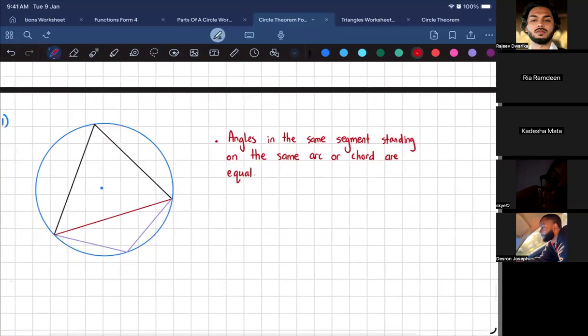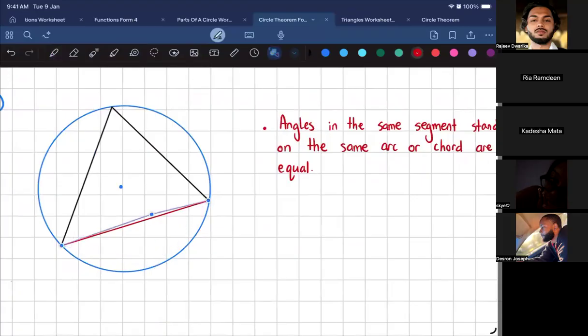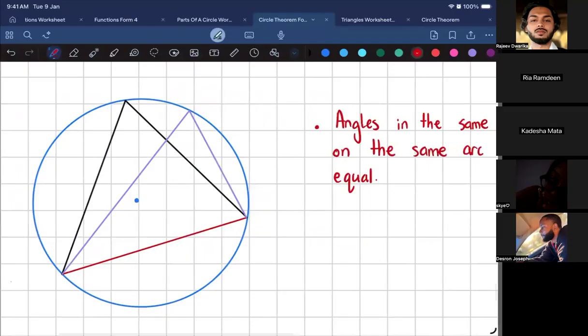All right. So this works, right? If you have a situation like this, then this angle here and this angle over here will be the same.